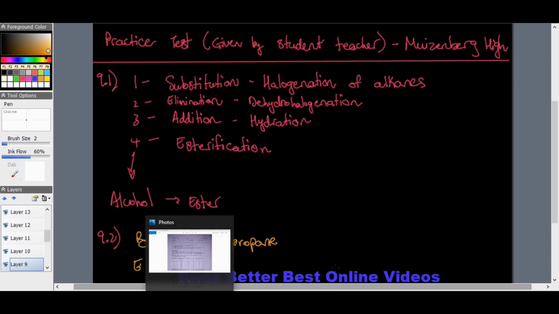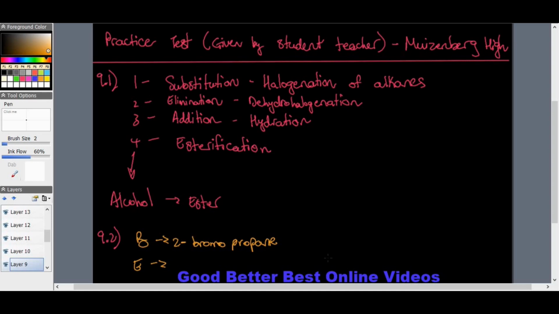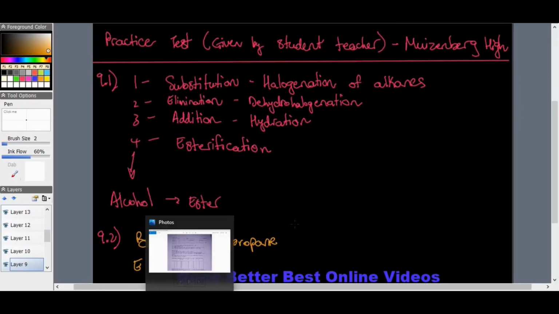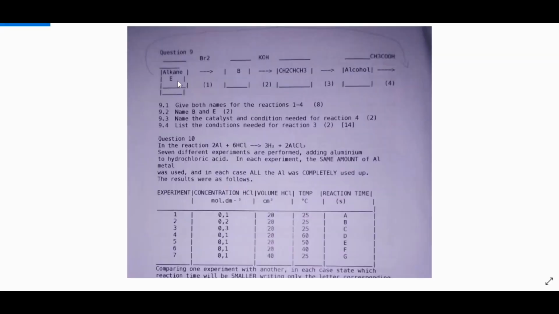And E, I think, is the combination now of the ester. So the alcohol would be propanol plus the carboxylic acid there, which looks to be ethanoic acid, because there's only 2 carbons there. So ethanoic acid plus propanol, the name of the ester should be... It is actually quite difficult to interpret whether E is the alkane, which is just given as alkane, or if they actually want the name of the ester itself.